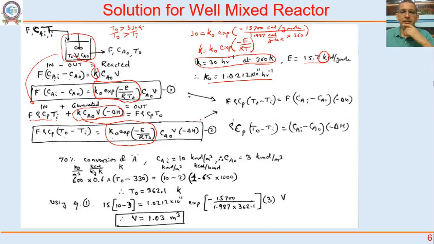Now if you take these two equations, can you see the common part? Now let me rub this part also. Right, now we have seen how the units of all these things are written. Let's rub. Right, you see the common part here: K naught exponent of minus E by RT naught, Ca naught, that's common, and V as well.